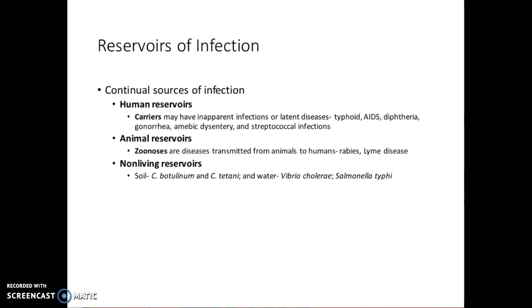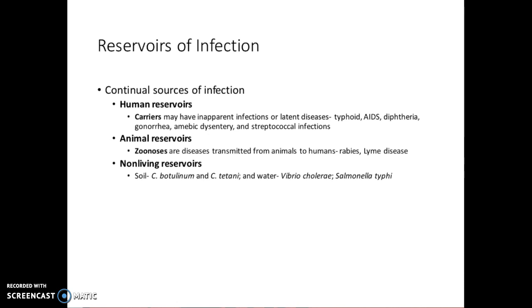AIDS, you can have HIV for 10 years and not have any symptoms and continue to spread it. Gonorrhea, you can be asymptomatic, and humans are the primary reservoir. Amoebic dysentery, humans and the environment are the reservoir. So they're free-living organisms that accidentally get in us, and we can act as a reservoir for infection.